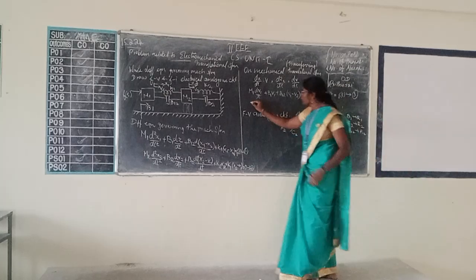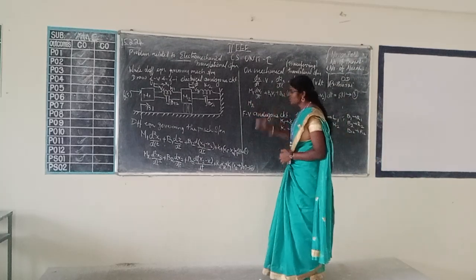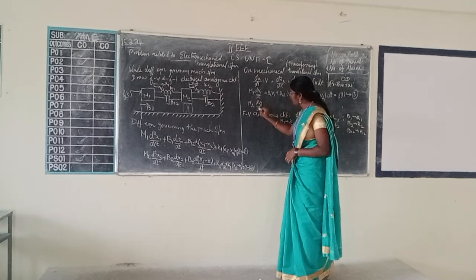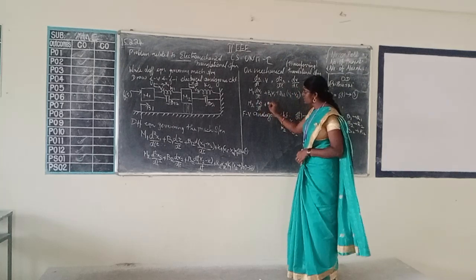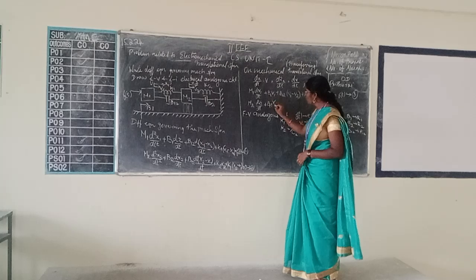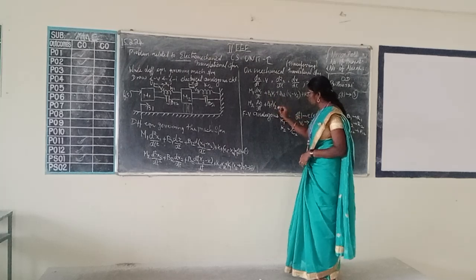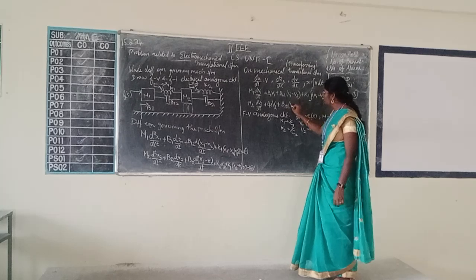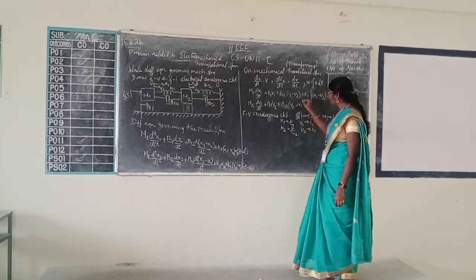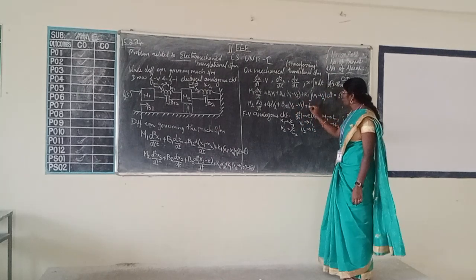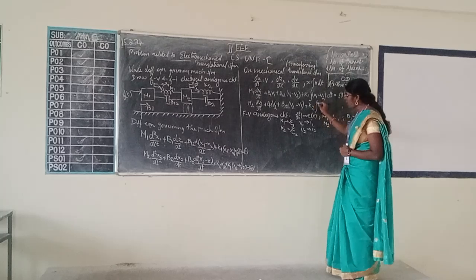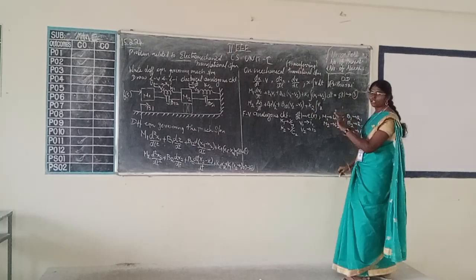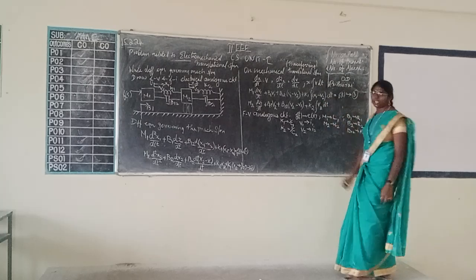Right? Next step. Likewise, your second equation also you have to change. That is m2 d by dt plus b2 into (v2) plus b12 into (v2 minus v1) plus k2 into integral of v2 dt.